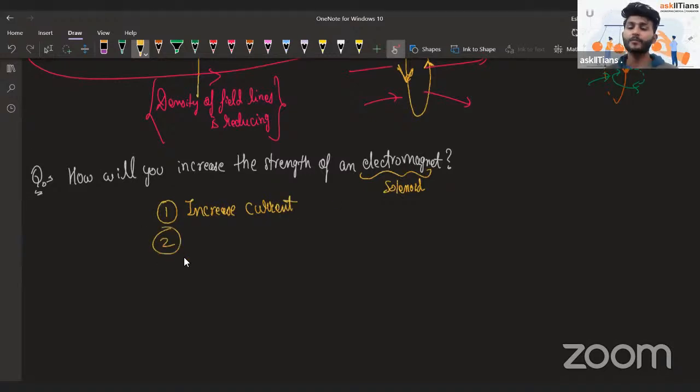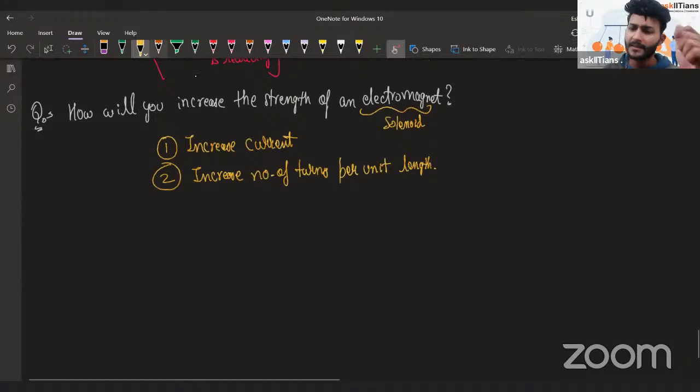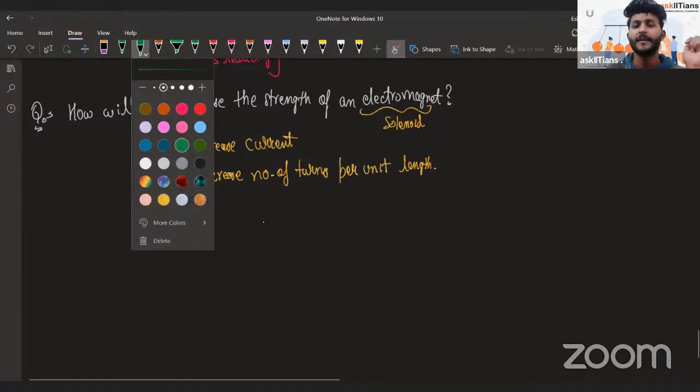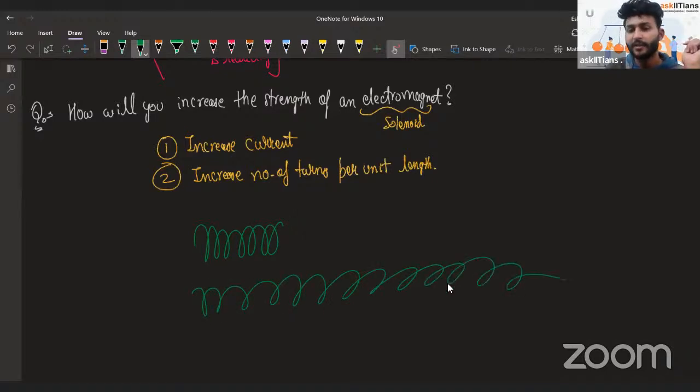What else can we do? Number of loops or number of turns. Yes, not exactly that, but we should say we should increase the number of turns per unit length. Now would increasing the number of turns help? Imagine this is one solenoid. If I increase the number of turns like this, is it a stronger electromagnet?